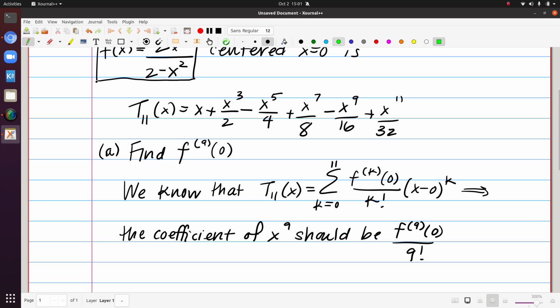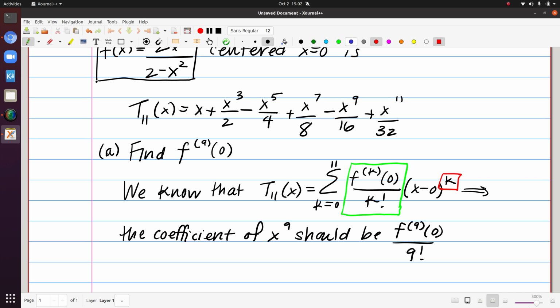So what I mean by that is looking at my definition of the Taylor polynomial, I can figure out what should sit in front of x minus 0 to the k, right? So if we are looking for the 9th derivative, what's significant from this is I should expect it to sit in front of x minus 0 to the 9th.